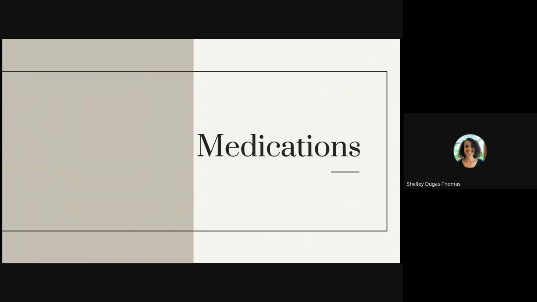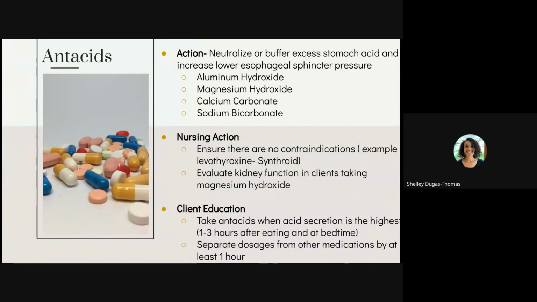So now we're going to talk a little bit about medications. Antacids work by neutralizing excess stomach acid and increase lower esophageal sphincter pressure. Common types include aluminum hydroxide, magnesium hydroxide, calcium carbonate, and sodium bicarbonate.